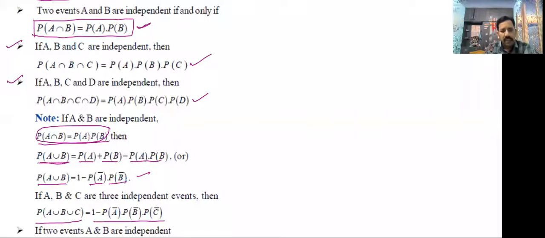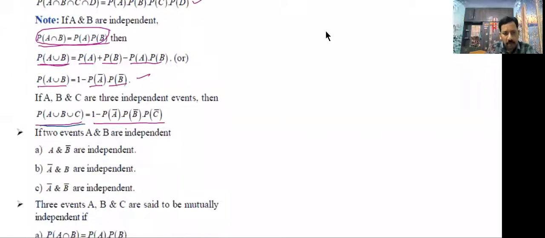Now, A, B, C are three independent events, then P of A union B union C is equal to 1 minus P of A complement into P of B complement into P of C complement. Next, this is an important point. If two events A and B are independent, then A and B complement are independent, A complement and B are independent, A complement and B complement are independent.